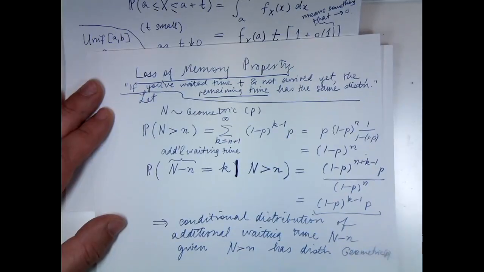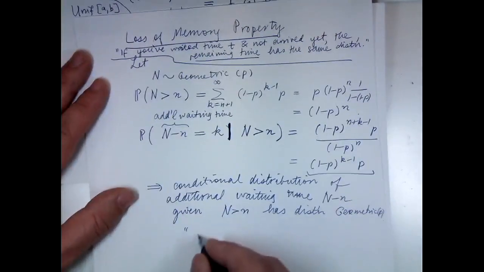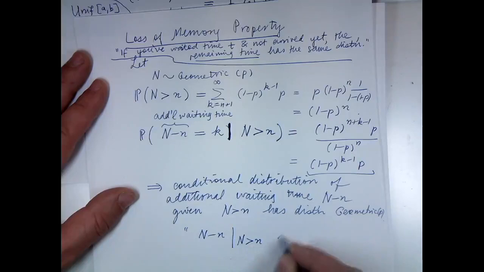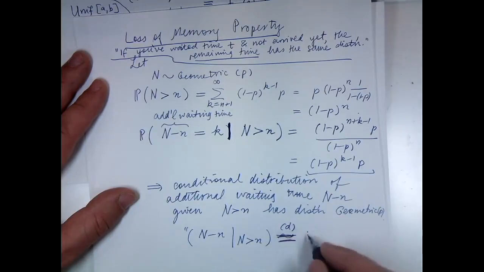So sometimes people might say, if you try to do this in notation, that's probably not a totally standard notation, N minus n conditional on N greater than n has the distribution geometric p, which is another way to say that it has the same distribution as N itself.